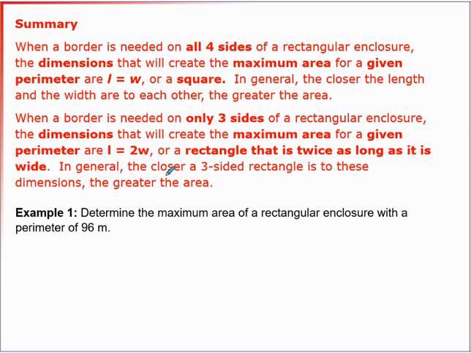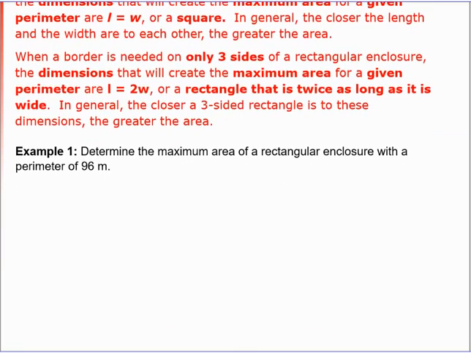In general, the closer the three-sided rectangle is to these dimensions, the greater the area. Determine the maximum area. So example number 1 for our lesson. Determine the maximum area of a rectangle enclosure with a perimeter of 96.